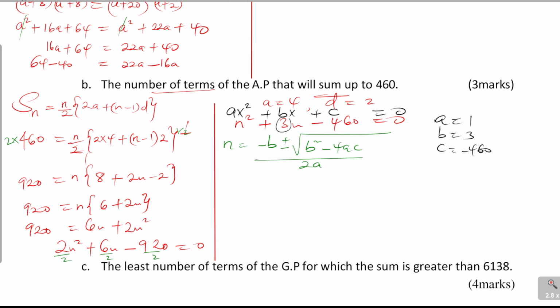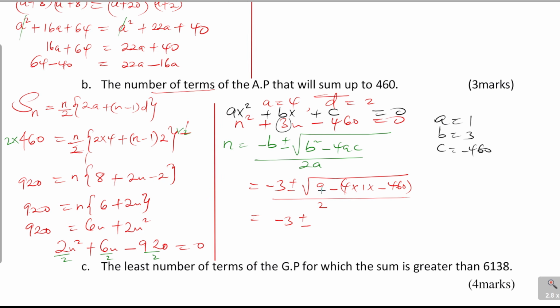Just substitute here, that you get negative b will be negative 3 plus or minus. So you have b squared is 3 squared, which is 9, subtract 4 times a times c, like that, everything divided by 2a, which is 2 times 1. So this one gives negative 3 plus or minus.